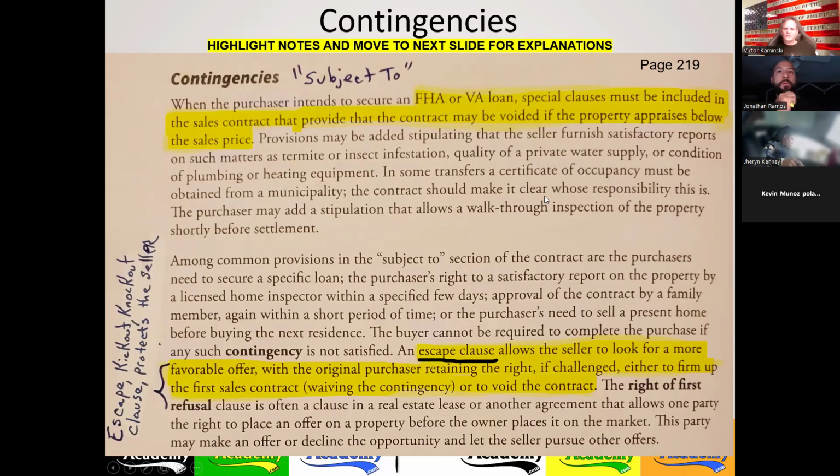In some transfers, a certificate of occupancy must be obtained from a municipality. The contract should make it clear whose responsibility that is. It's usually the seller. The purchaser may add a stipulation that allows a walkthrough inspection of the property shortly before settlement. By the way, those municipal CO inspections are required, and any work must be done by the seller in order for them to get the CO there.